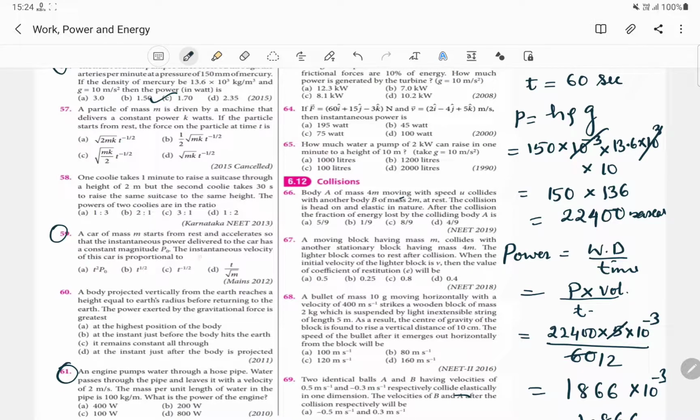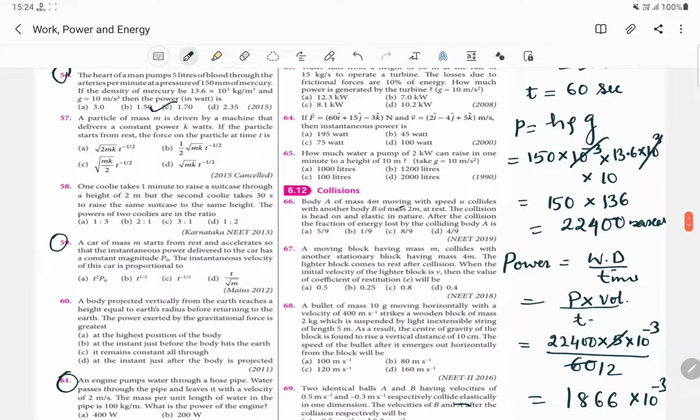Then the instantaneous velocity of the car is proportional to what? Simply they are asking us to find the relation between power and velocity.